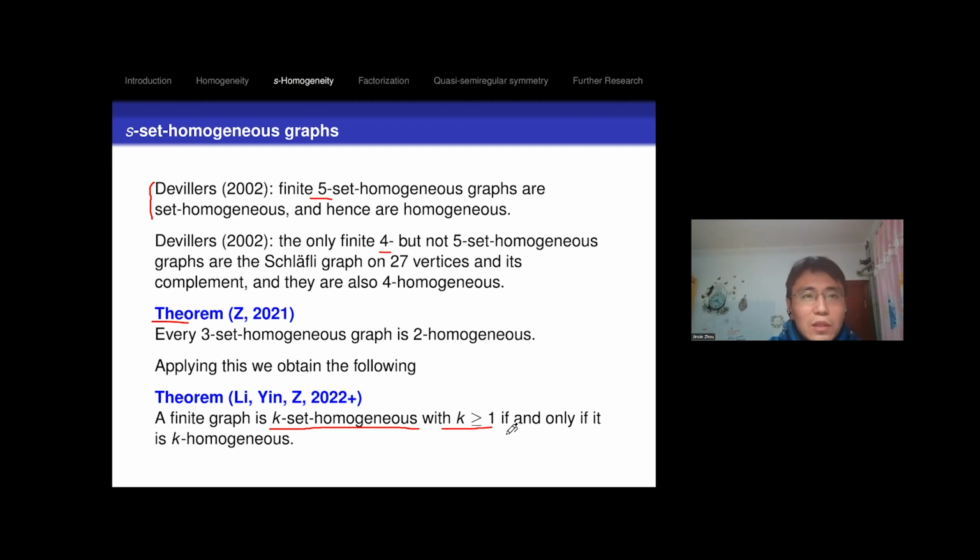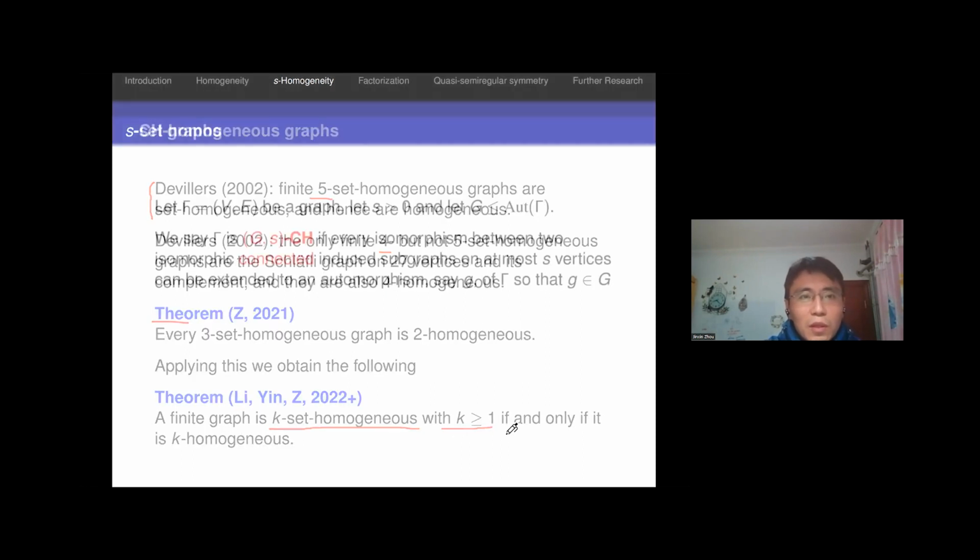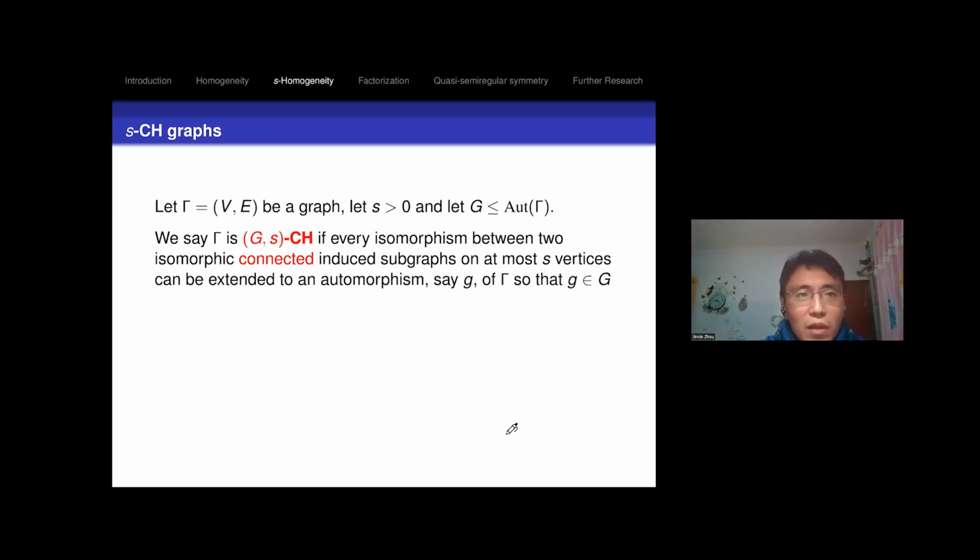This is some result about s-set homogeneous graphs. Another kind of symmetry is the so-called s-connected homogeneous. Also let gamma be a graph, s a positive integer, and G a subgroup of Aut(gamma). Then we say gamma is G-s-CH. By CH we mean connected homogeneous.